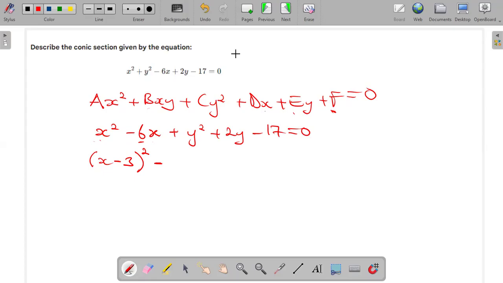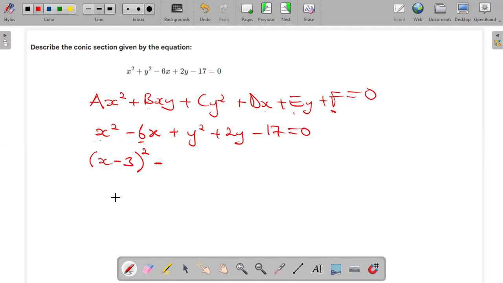Yes, we are dividing 6 by 2 because we are completing the square here. I'm not writing all the steps, but from math, maybe we wrote all the steps.